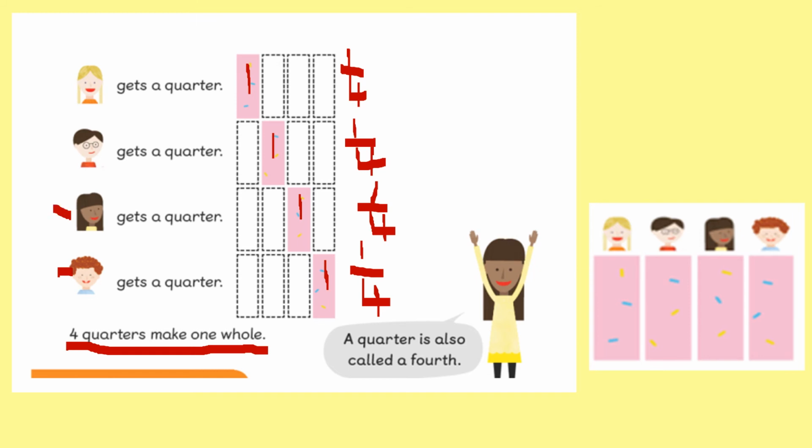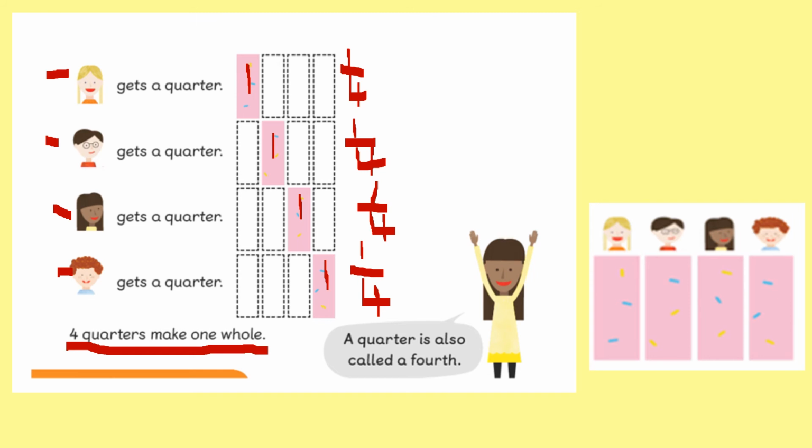This young lady has 1/4 of the cake. This young man with the glasses, he's got 1/4 of the cake. And the blonde-headed girl, she's got 1/4 of the cake. And if we put all those quarters back together, we'd get our whole cake.